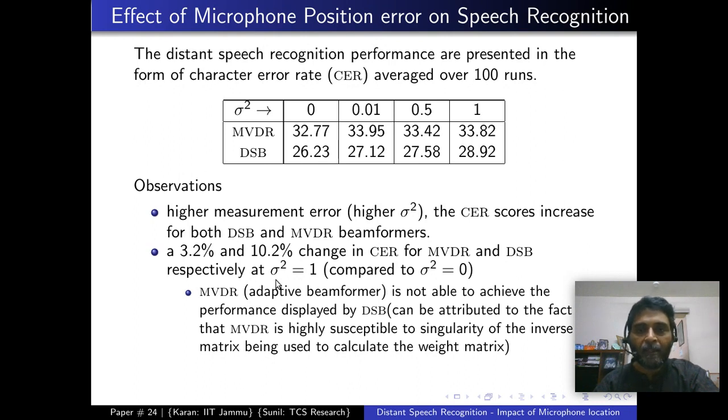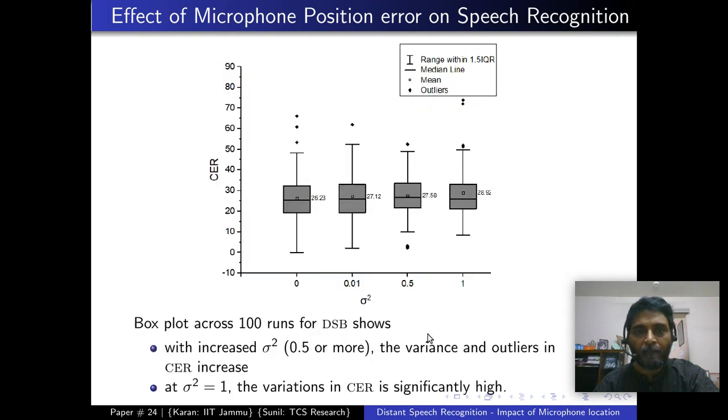This is by comparing the character error rate when sigma squared is equal to 1 versus when there was no error. The observation here is that MVDR performs poorer because the way the MVDR is computed depends on the singularity of the inverse matrix which is being used for the weights.